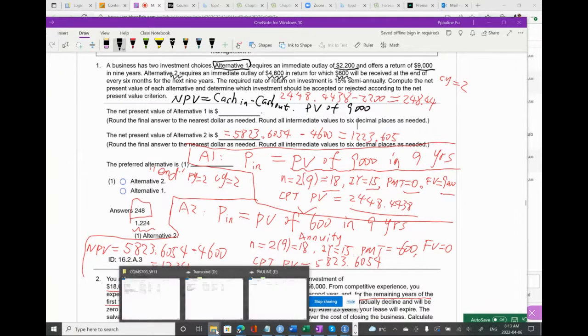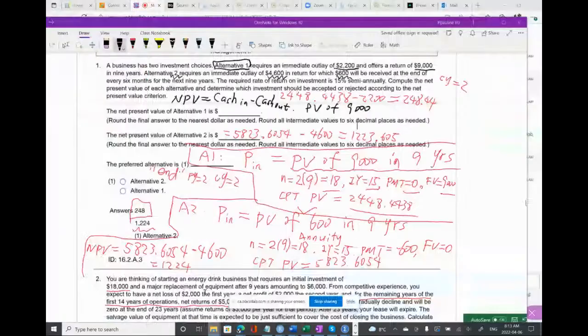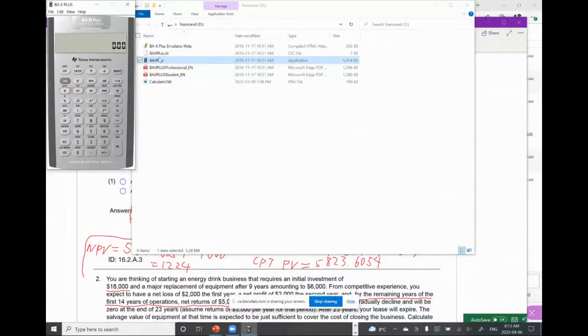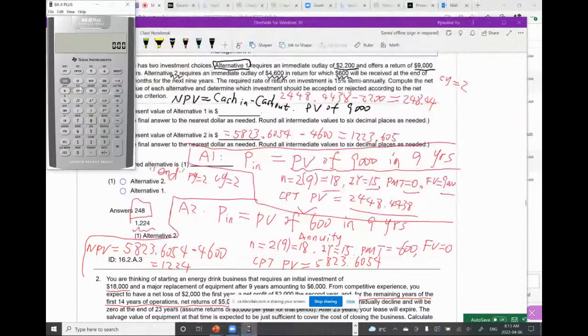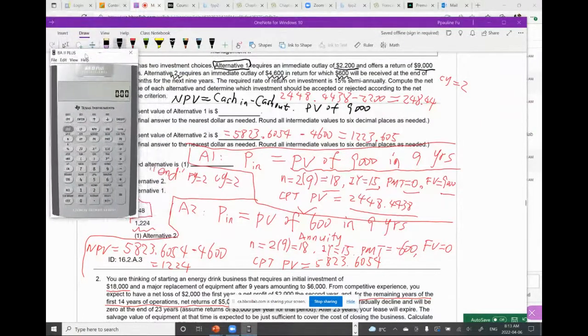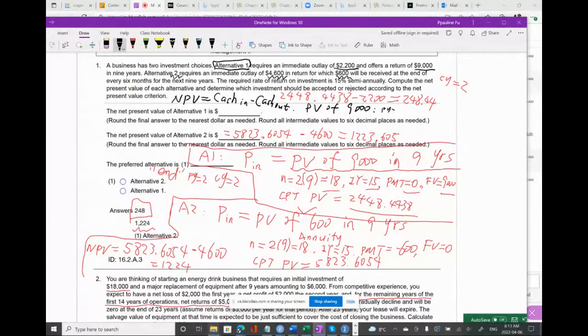Calculator. To do that, you need to set up PY equal to 2, CY equal to 2, because interest is compounded semi-annually. Then term N, 9 years is 18, 2 times 9.